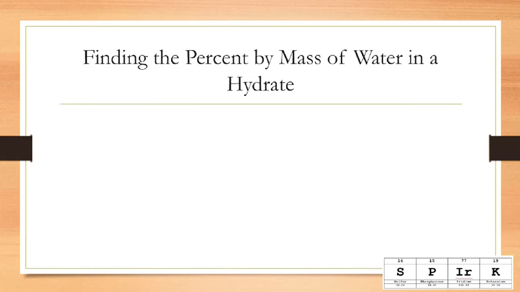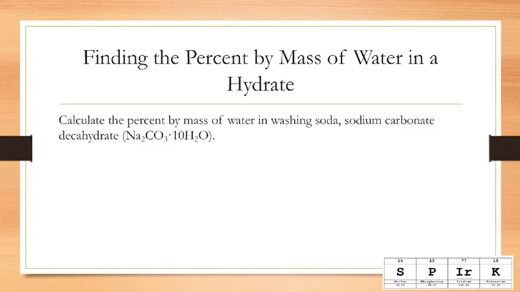Finding the percent by mass of water in a hydrate. Calculate the percent by mass of water in washing soda, or sodium carbonate decahydrate. The first thing that we need to do is figure out the mass of this whole hydrate.